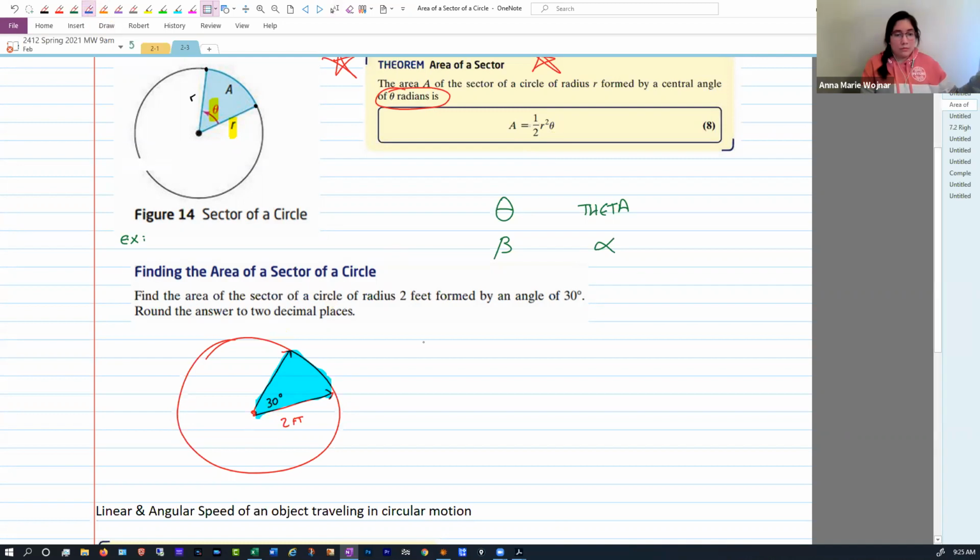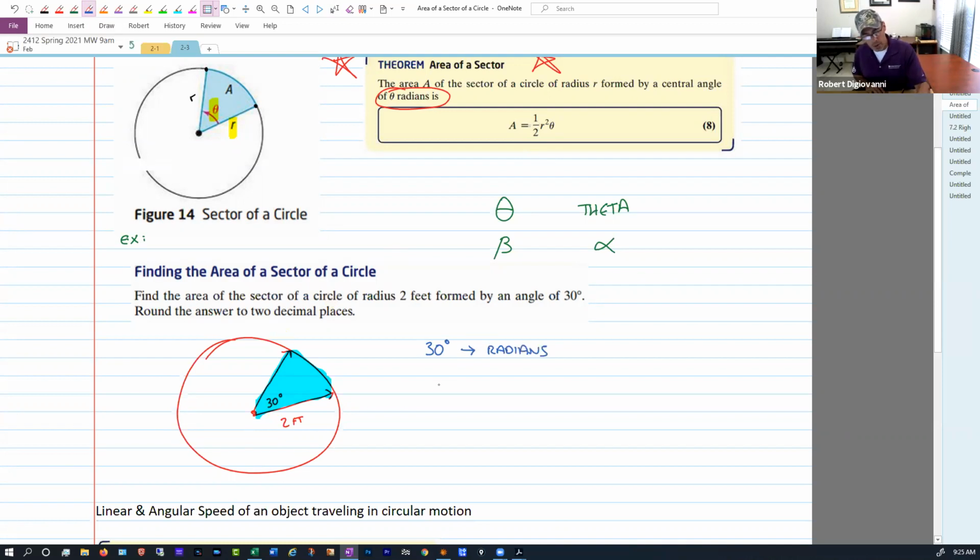So the first thing I'm going to do is convert 30 degrees over to radians. And we did that last class, didn't we? All you do is take this 30 degrees and multiply it by, anyone remember? 180 over pi. What is that? Pi over 180.